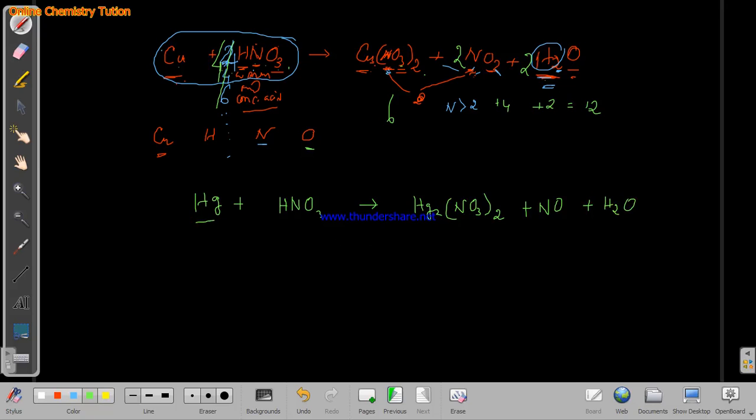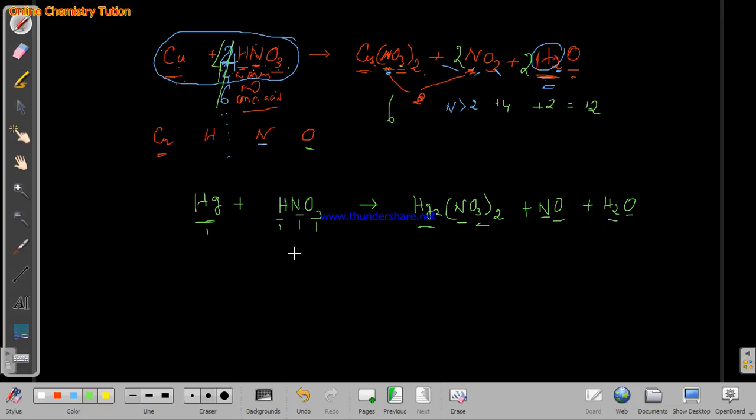Here Ag is 1, hydrogen is 1, nitrogen is 1 and oxygen is 1. These are not the number of atoms; these are how many places the atom is present. Here Ag is present in one position, nitrogen is present in 1 and 2 position, oxygen is present in 1, 2 and 3 position, hydrogen is present in 1 position.